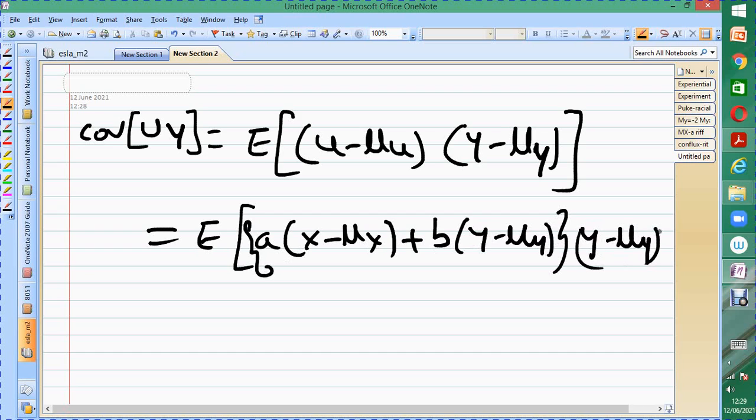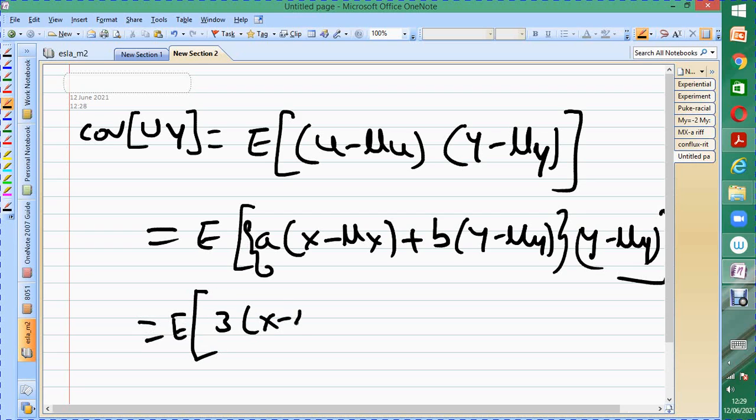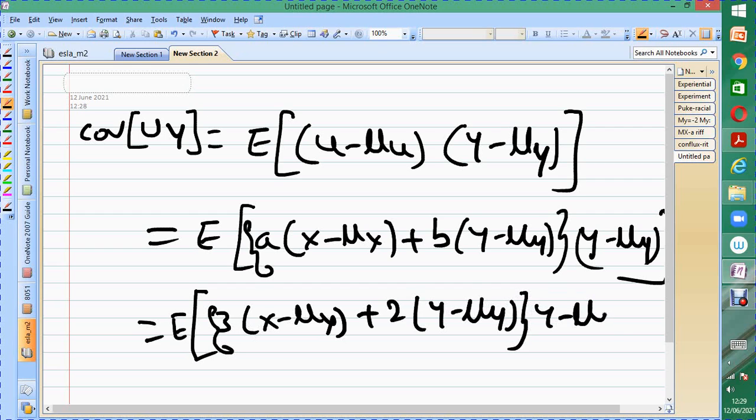Whatever we have done previously will be repeated here: expectation of 3 into x minus mu x plus 2 into y minus mu y, close the flower bracket, into y minus mu y, close the square bracket.